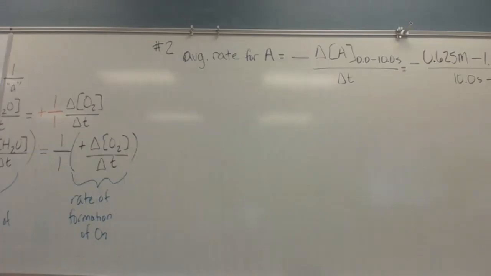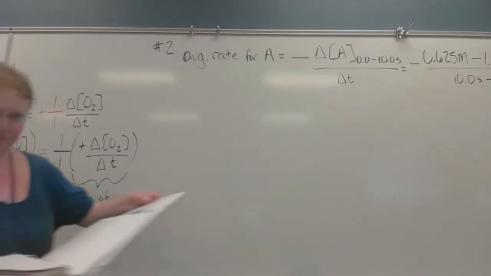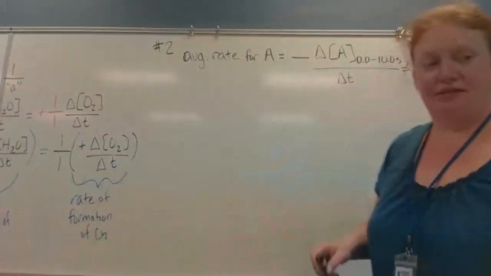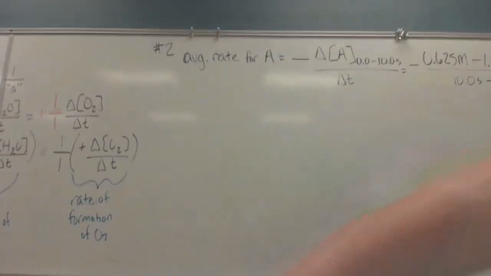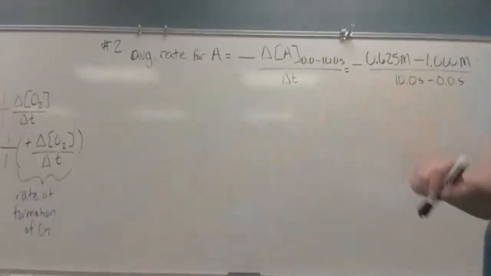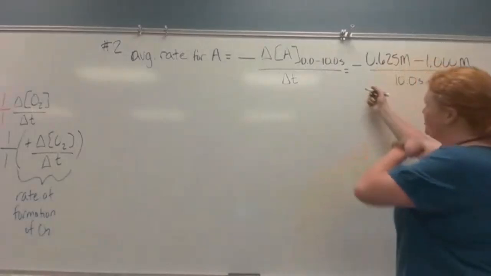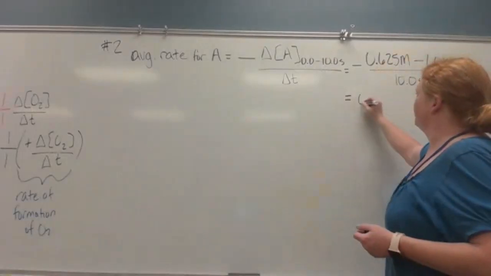This is so easy. Well, I say that. It's going to get a lot harder, but this part is easy. Yeah, we can just stay at this level. That's all we need. We're good. What do you get? 0.0375 molarity per second, because those are our units for rate, right?